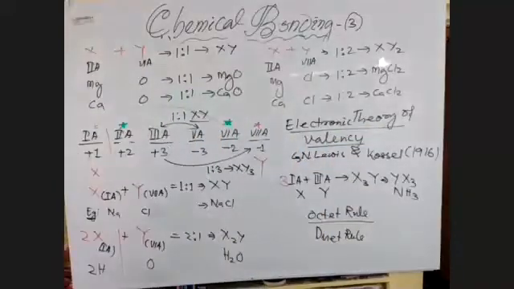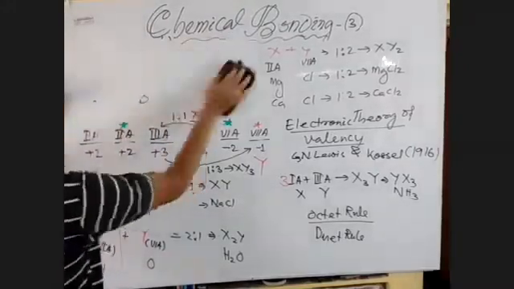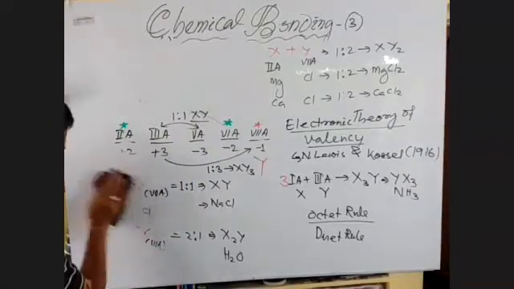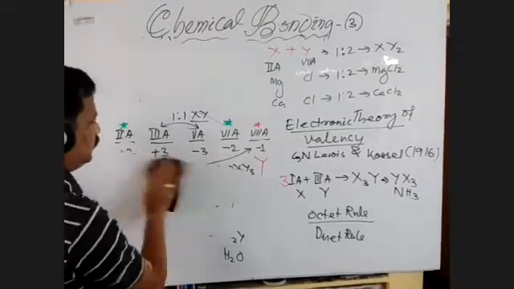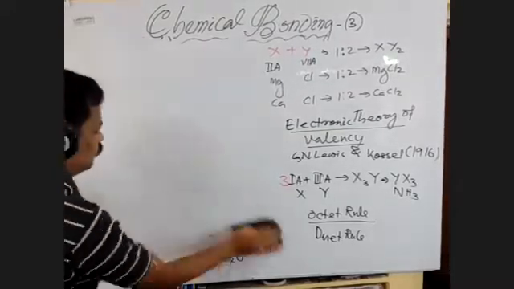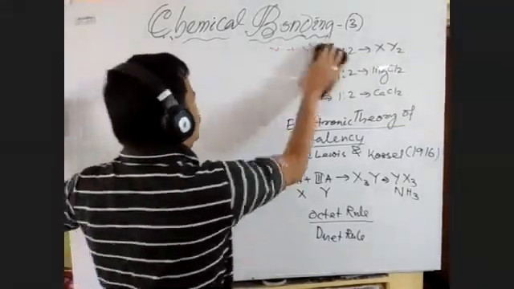Now the question arises: how many types of bonds are present, and how is the bond forming? So let us understand here what are the possibilities of a chemical bond forming between two atoms.